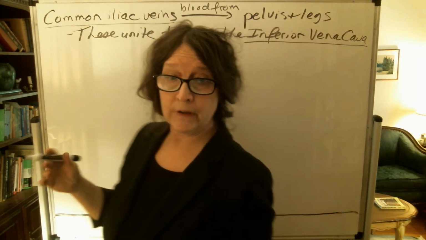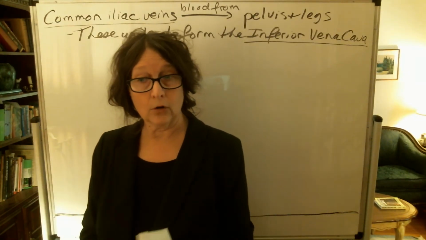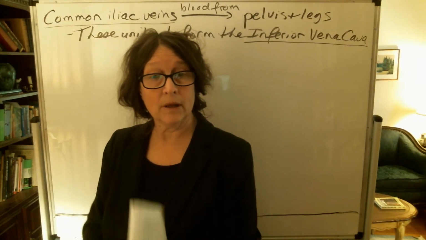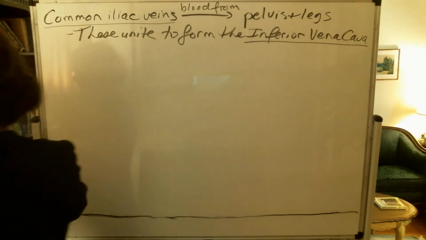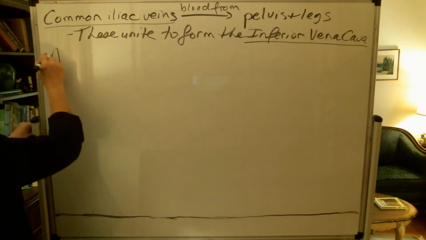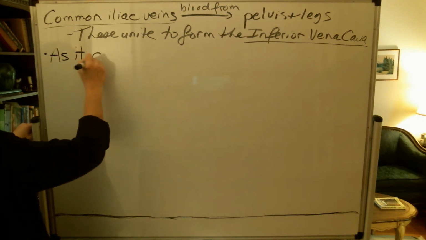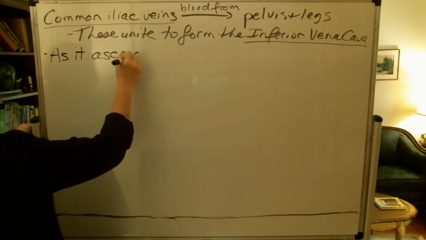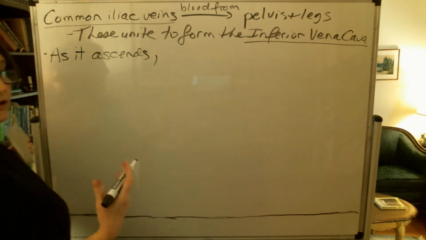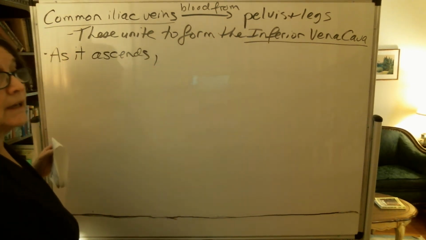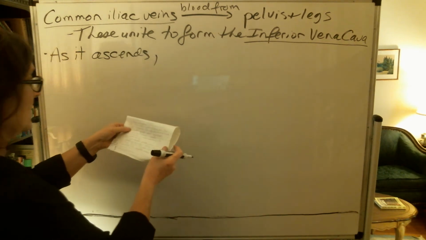So the inferior vena cava forms very early, right at the bottom of your pelvis, and then carries on upwards towards the heart. So then, as it ascends, a whole bunch of veins are going to join in, again starting from the bottom.